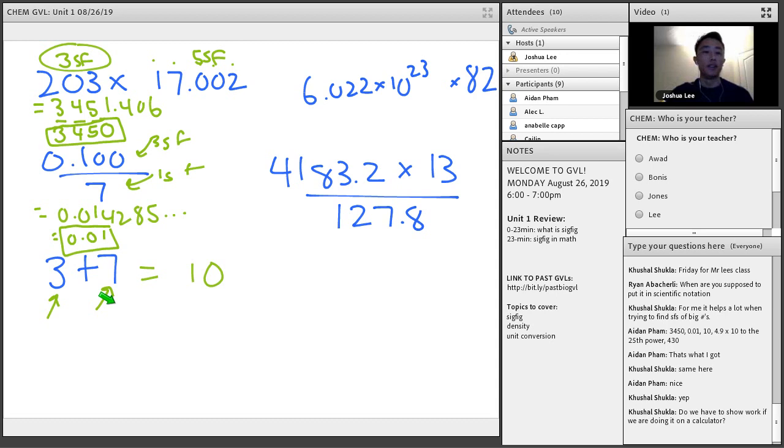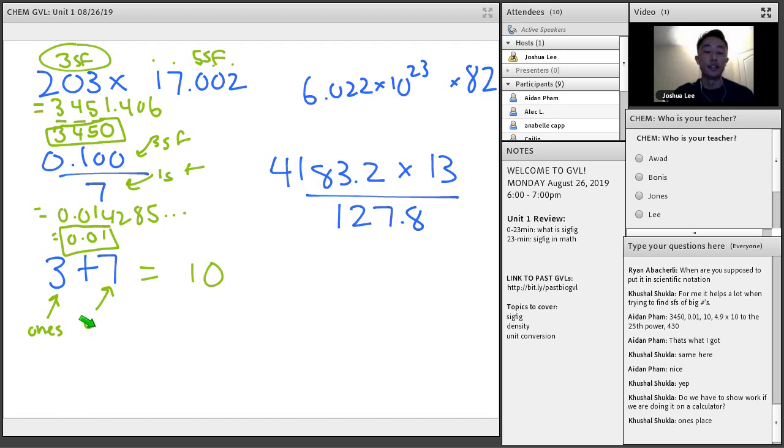So 3 plus 7 is normally 10, but both their sig figs end in the ones place. That means my answer also has to end in the ones place. So my answer is actually 10 with a decimal. So that one threw a lot of you guys off.